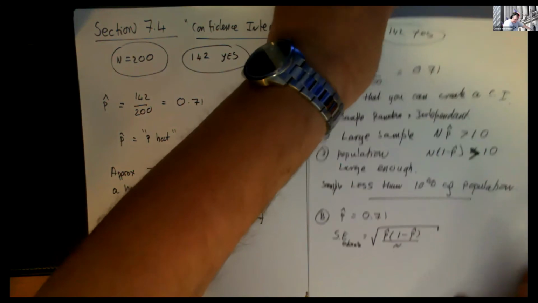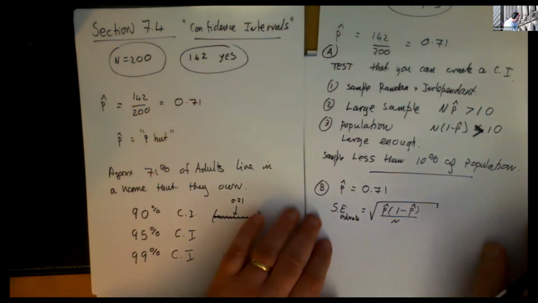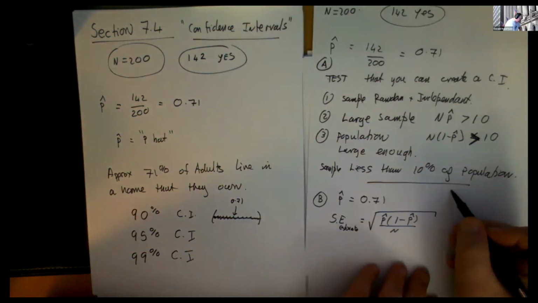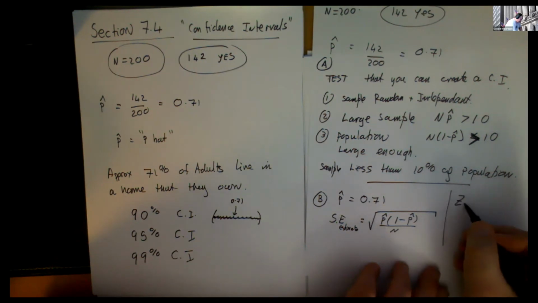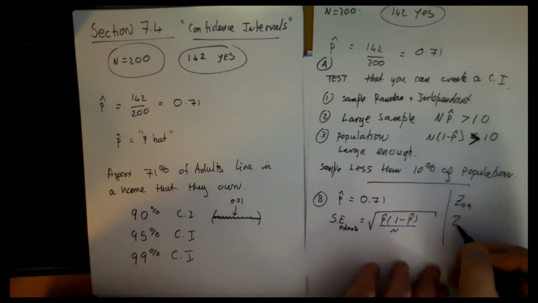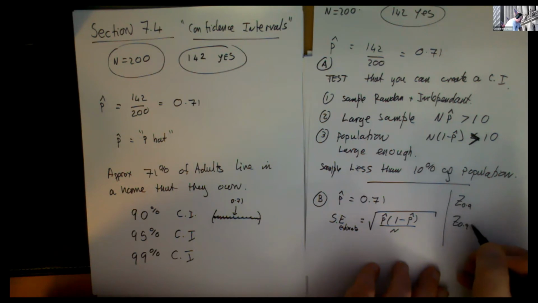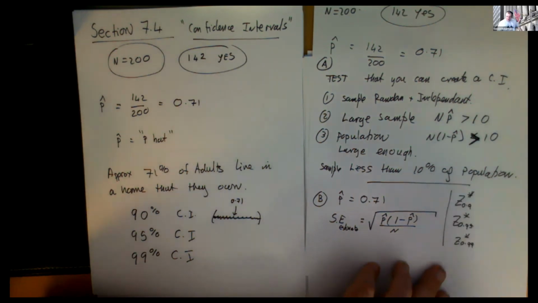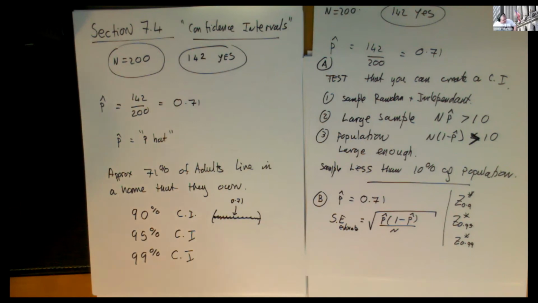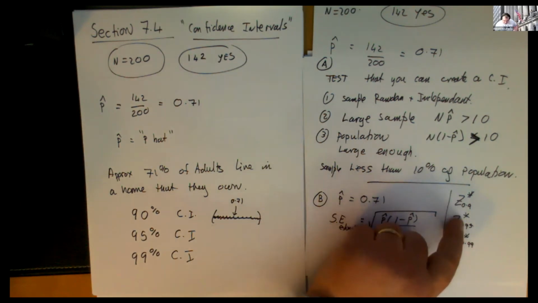Now, the cool part. Computation. There are 3 magic Z scores. 3 magic Z numbers. They very often have little asterisks on them. These numbers don't change.